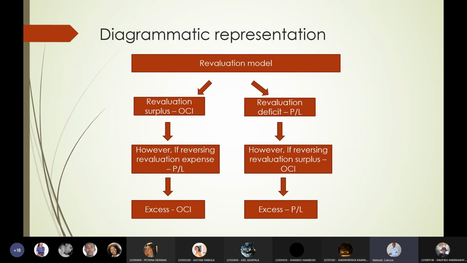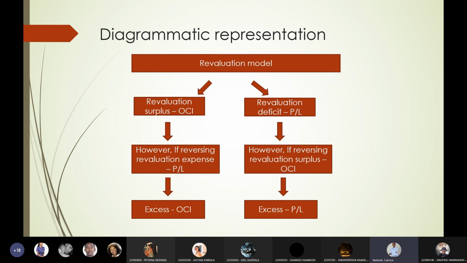Okay. The summary of the revaluation model. Can you see the slides? The diagrammatic representation. Can you see that?